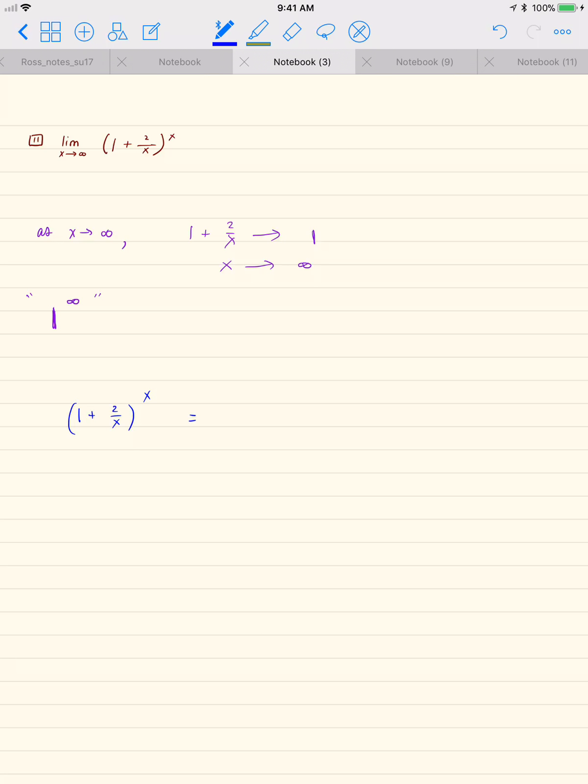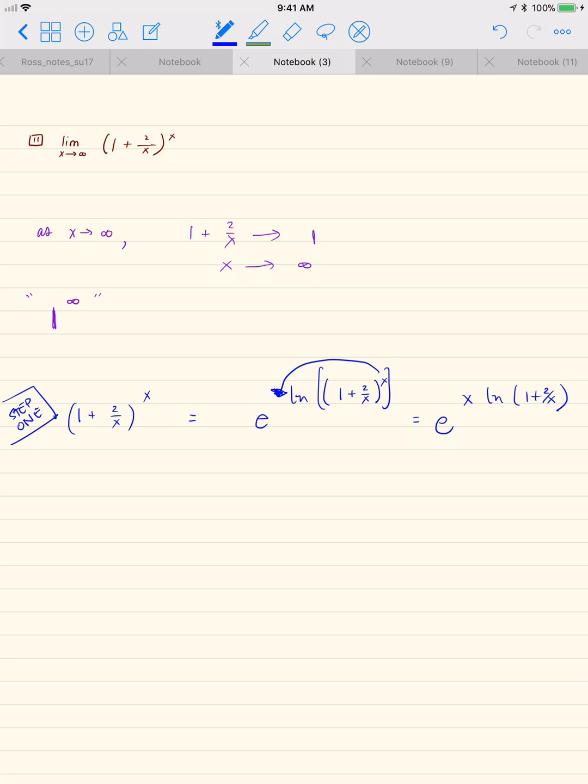We rewrite it as e to the natural log of 1 plus 2 over x to the x. And then the x we can bring down using our properties of logs. So I have e to the x times the natural log of 1 plus 2 over x. So this is our step 1, which is to rewrite.